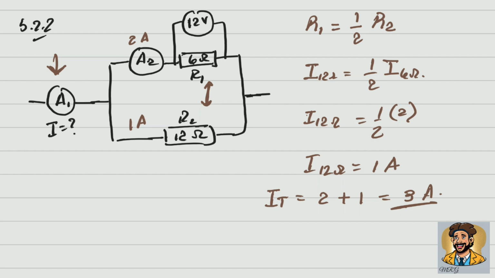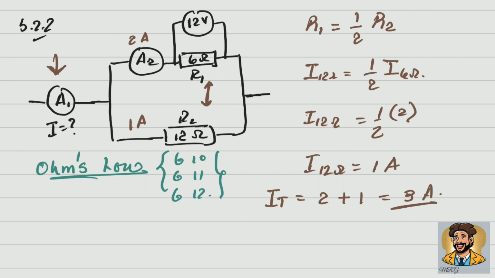Now, alternatively, you can use Ohm's law. That one is applicable for grade 11 and 12. However, I'm sure in grade 10 you already mentioned and used Ohm's law because it's extremely easy. So if you use Ohm's law, what we're looking for is the total current, you can calculate the total current of the parallel circuit, which is the same.